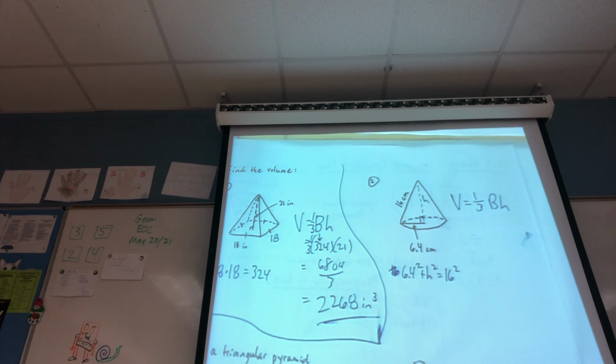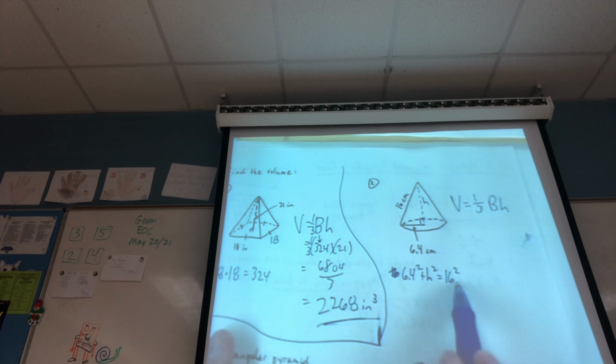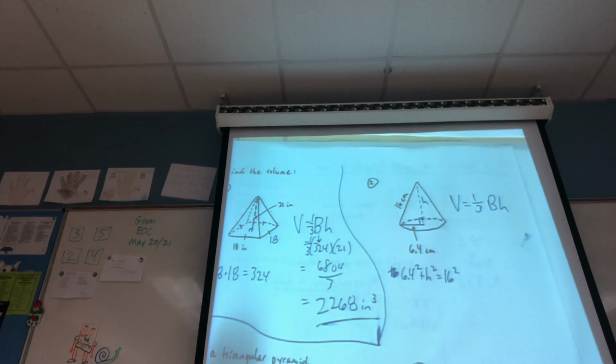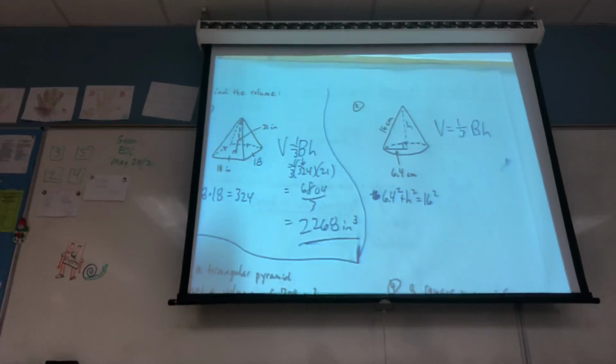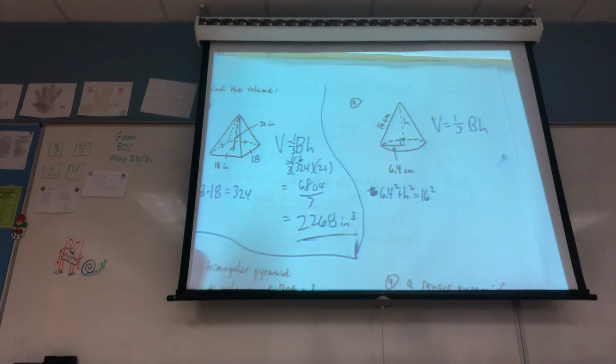Make sure you are plugging your sides into the correct spot. Your longest side, in this case 16, is going to have to be over here by itself. I will bypass a little bit of the math here, but you should come out with about 14.7.